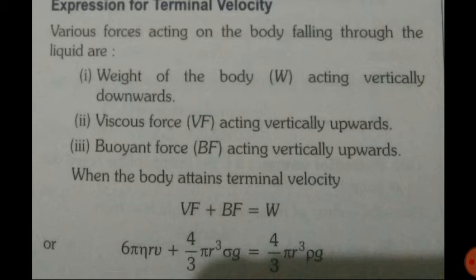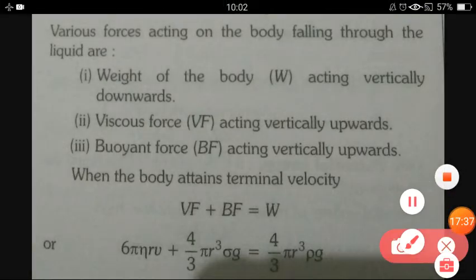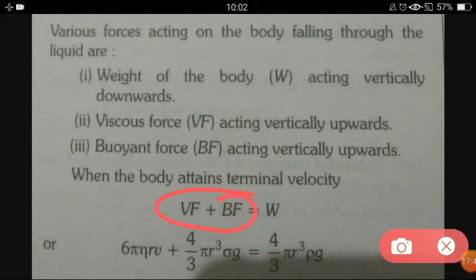When the body gets terminal velocity, the total upward force equals the total downward force. So here you can see the total upward force Vf plus Bf equals the total downward force W. The viscous force from Stokes' law we know is 6 pi eta r v. And weight equals m into g.